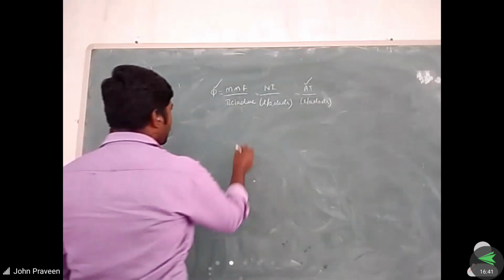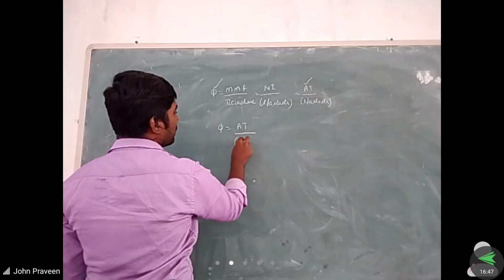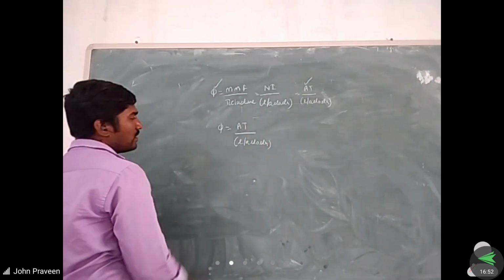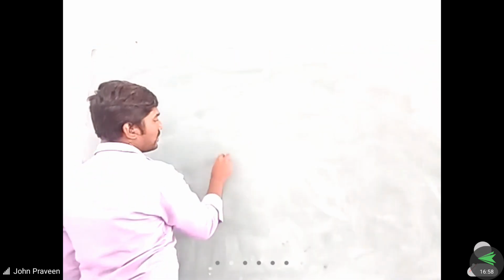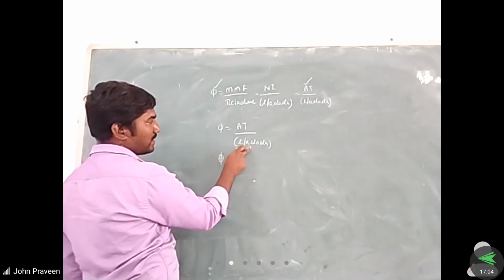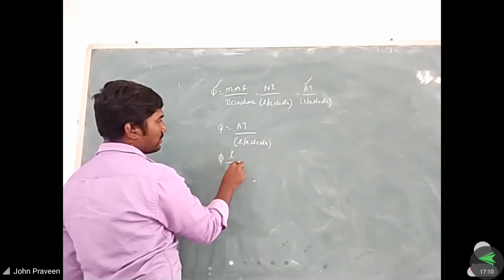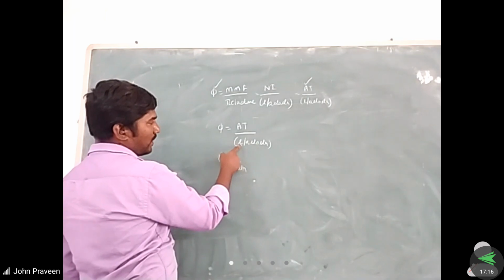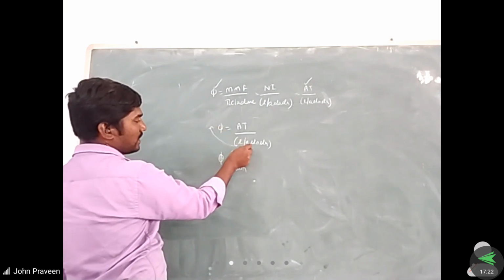So if we equate that, phi is equal to ampere turn by L by A into mu naught into mu r. The denominator does not change when we interchange. Since L by A into mu naught into mu r is in the denominator, it moves over to become a multiplier.